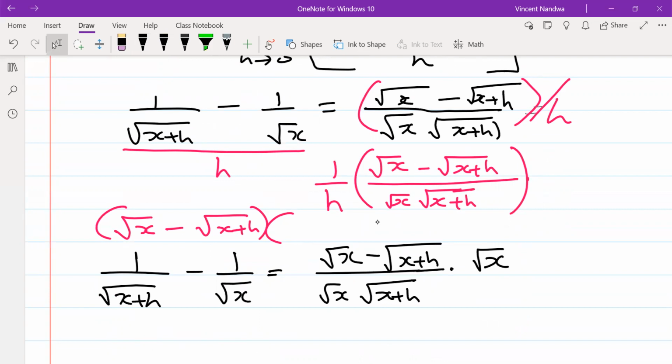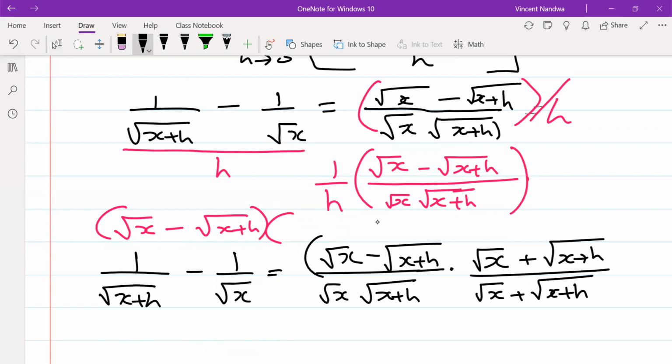It's minus, then it becomes plus, okay? So this is what you have, which means we have something like a minus b times a plus b.